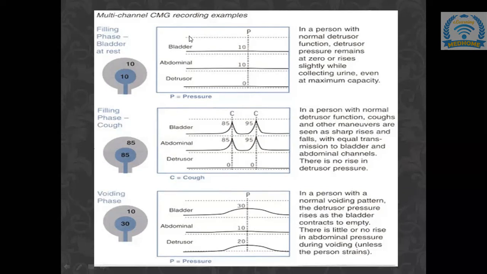In stress incontinence, the abdominal and bladder pressure increase. In mixed incontinence, this is the same. If you mix stress and detrusor overactivity, there will be a rise in the abdominal pressure, a rise in the vesical pressure, and a rise in the detrusor pressure. Because mix is always mix, all rise.